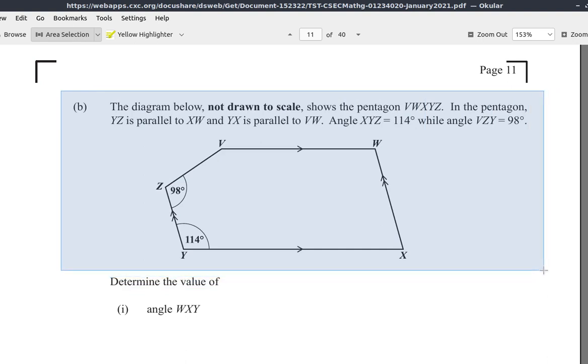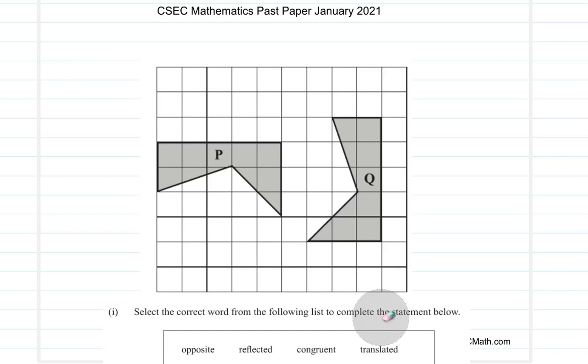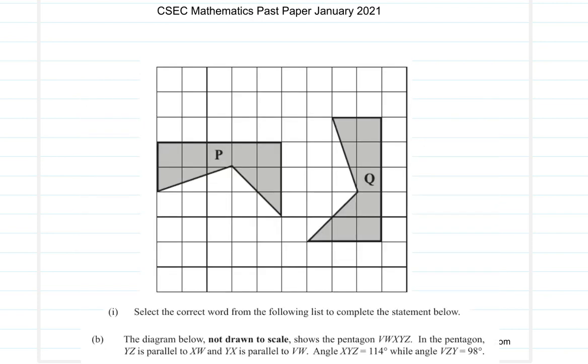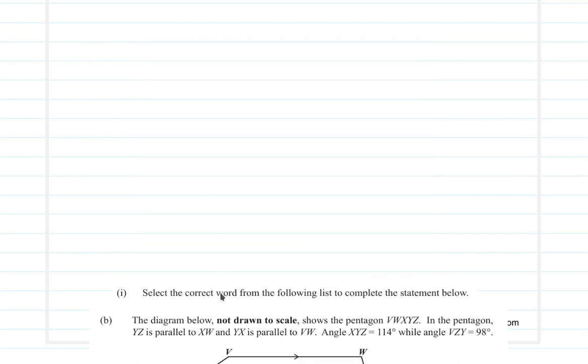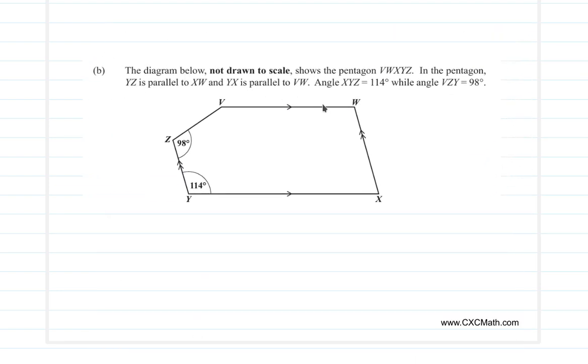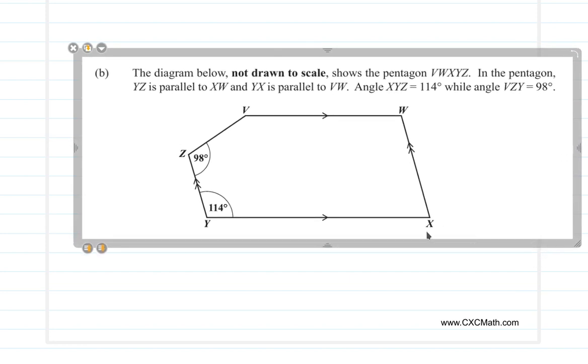I will copy and then paste. Okay, good. Let's go down here first. In fact, we're finished with these things, so let's just get rid of them for now. Now, the diagram below, not drawn to scale. Let me increase the size.